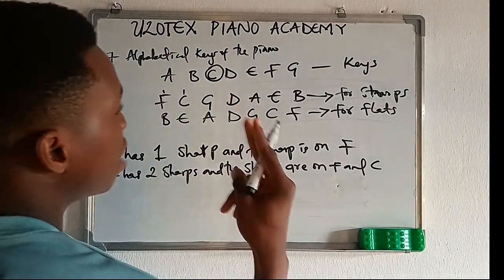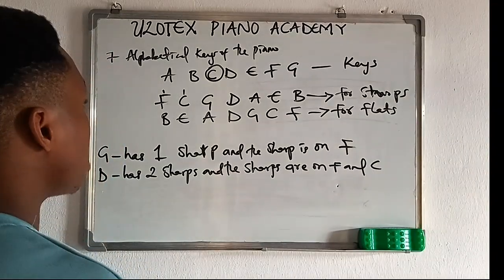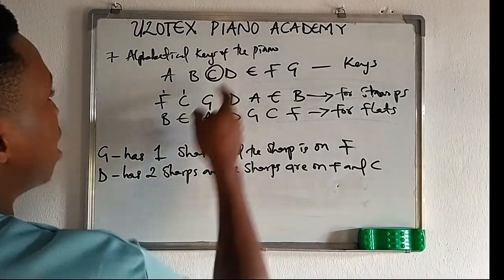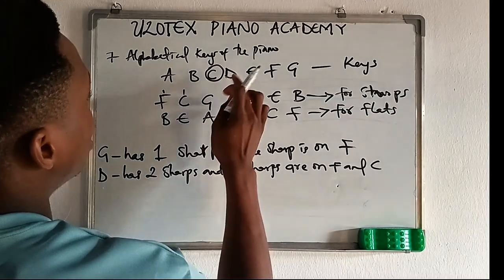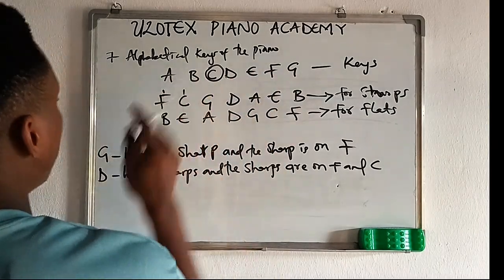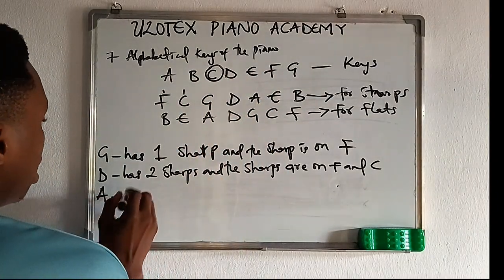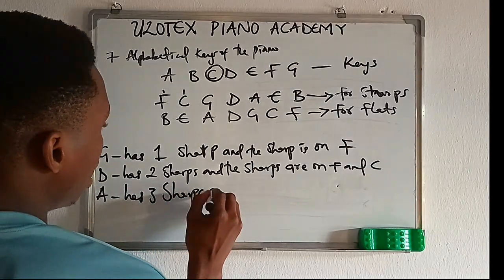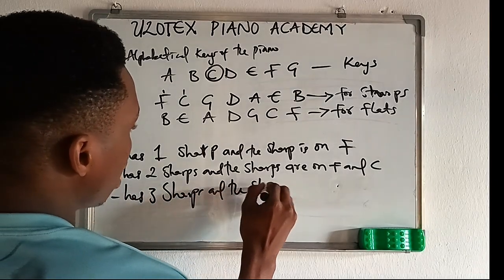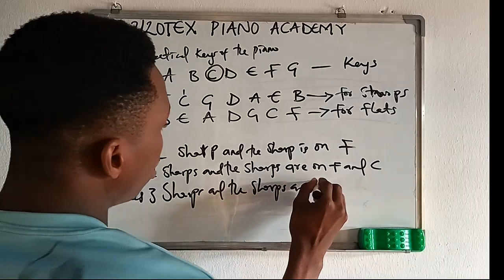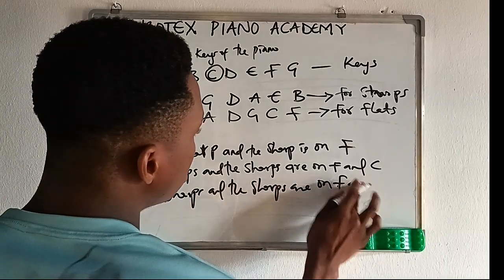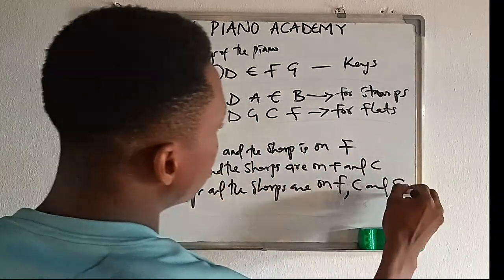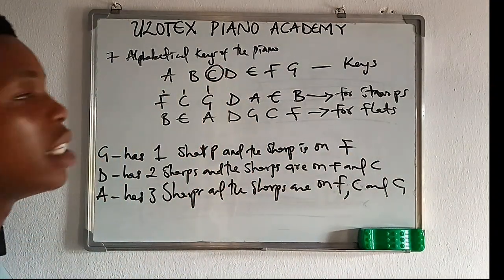Key D has 2 sharps, and those sharps are on key F and on key C. So let's continue. We'll start at D, then we'll continue. D, 1, 2, 3, 4, 5. So we are now at key A. Key A has 3 sharps, and the sharps are on F, C, and G. So I wouldn't like this video to be too long.